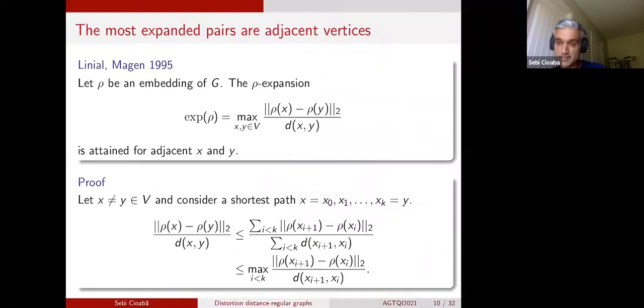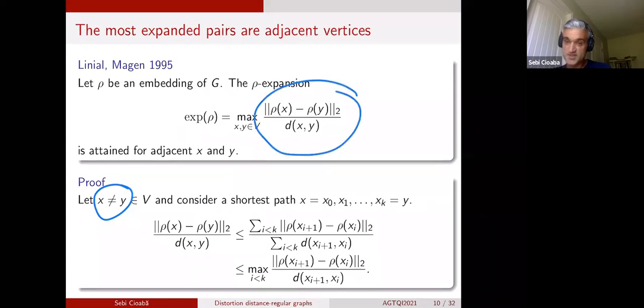And that's just an application of the triangle inequality, because if you take any pair of two vertices x and y which are not adjacent, again, I didn't say, but all the graphs are connected, so you take a shortest path from x to y, and you remember that this expansion of rho is the quantity over here, the maximum of this value.